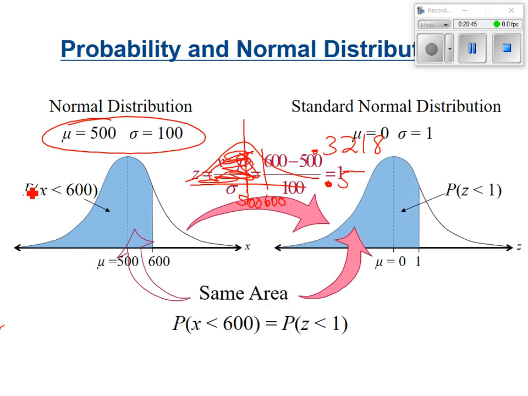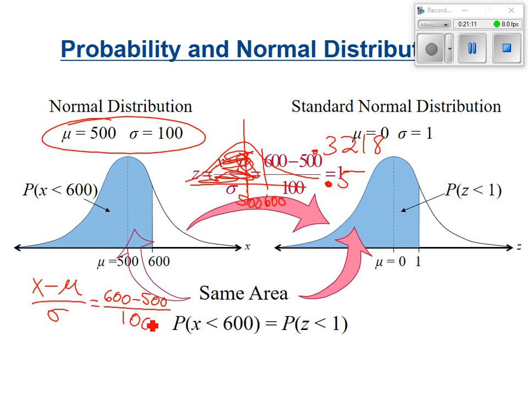Here, all they're doing is changing this into a z-score. Remember, use x minus mu over sigma. In this case, our x was 600. So we do 600 minus our mu, which was 500, over the sigma, which was 100.